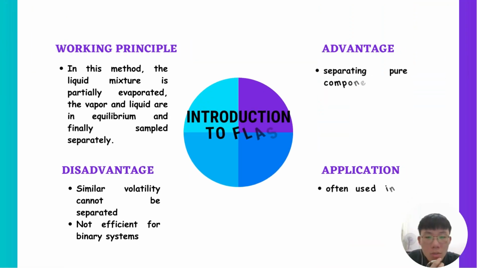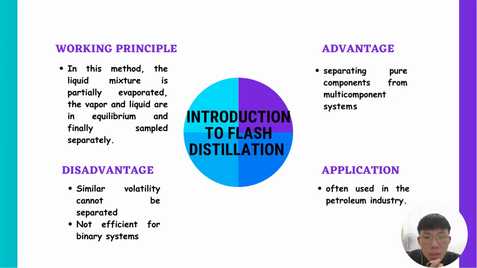Alright, let's have a look at flash distillation. In this method, the liquid mixture is partially evaporated, the vapor and liquid are in equilibrium, and finally sampled separately. The advantage of flash distillation is that it is a useful method for separating the pure component from multi-component systems such as crude oil, with a small range of boiling points.